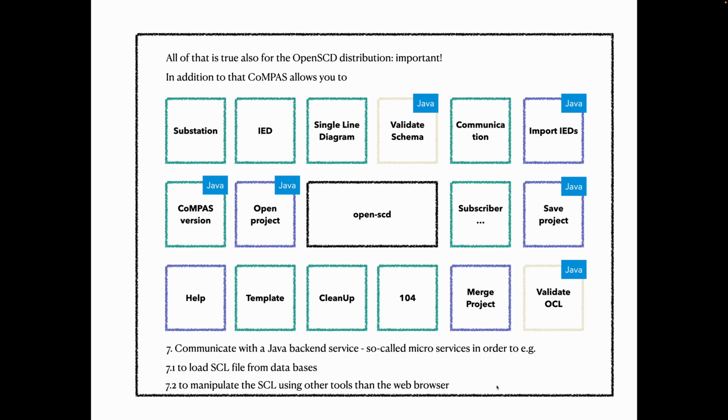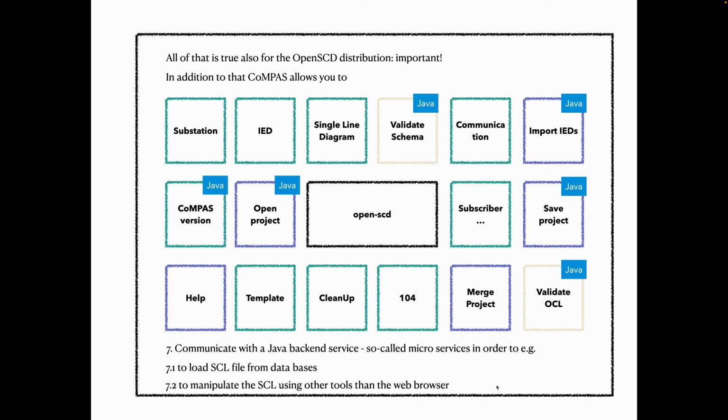So an example for a plugin that is running a backend microservice is the validate schema. The validate schema in OpenSCD is calling the WebAssembly module libxml2, so basically doing this validation through a WebAssembly in the browser.